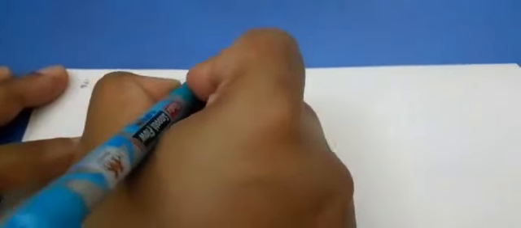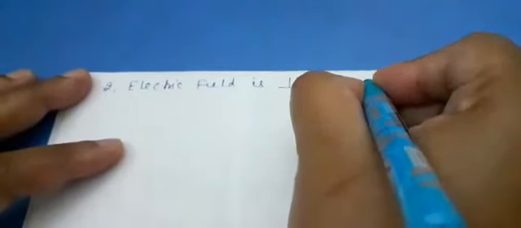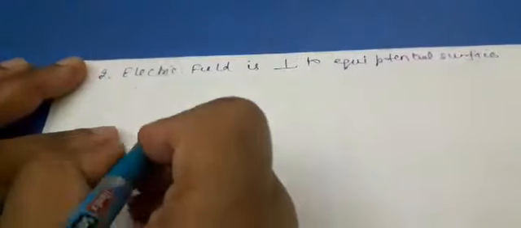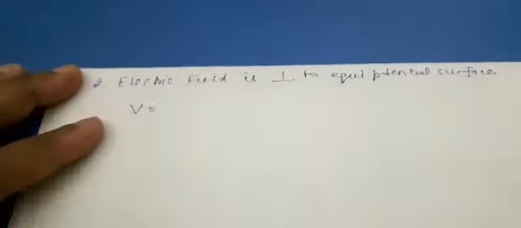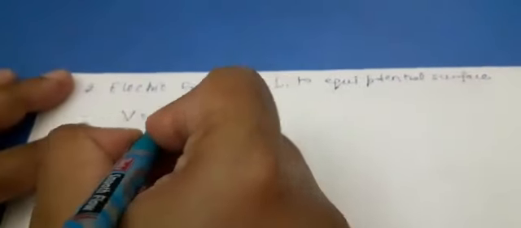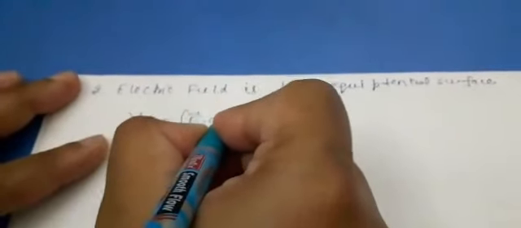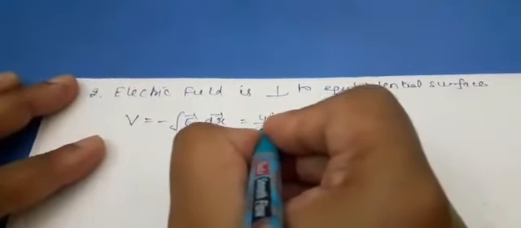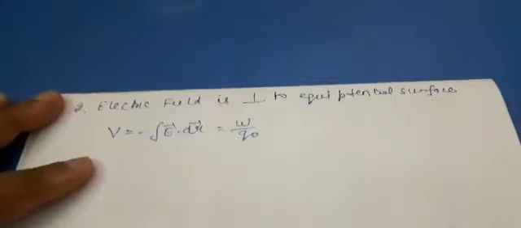What is it? That electric field is always perpendicular to the equipotential surface. As we know, potential is given by minus E dot dr, and potential is given by work done per unit test charge.